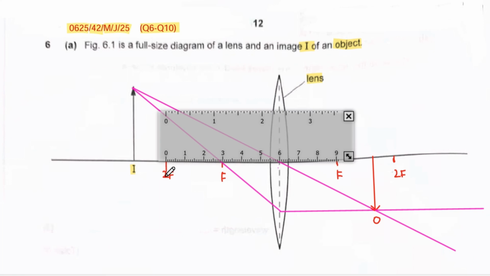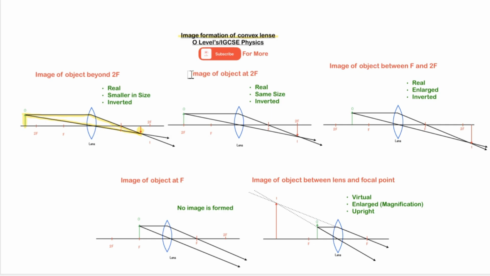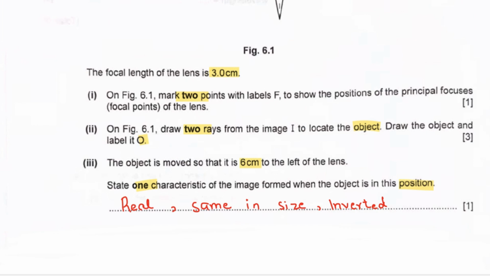So measuring the 6 centimeter length, that means the object would be somewhere here. And this position is the 2F position, or second focal point, and whenever we have an object at 2F, the image is real, same in size and inverted. I'm writing it over here as well.